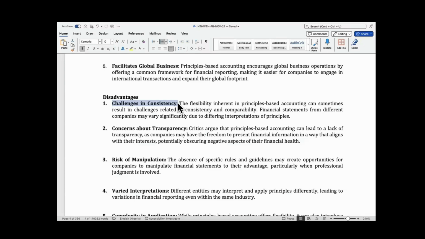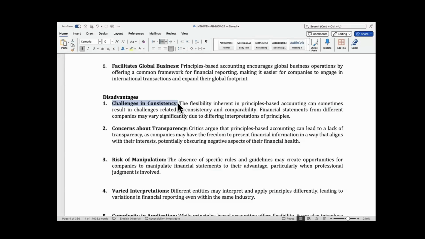The challenge is this: different people would interpret a guideline in different ways. Because of varied interpretations, there might not be consistency and comparability between reports. It is a disadvantage, and it exists.